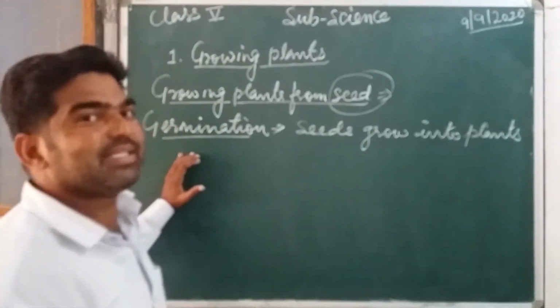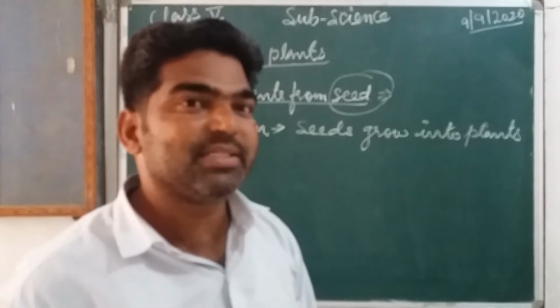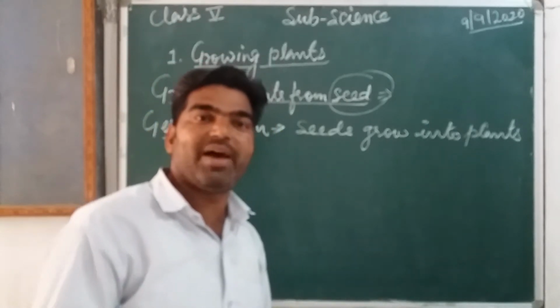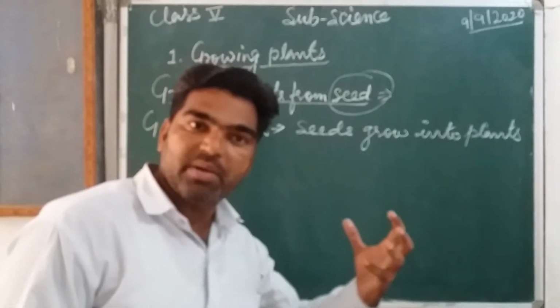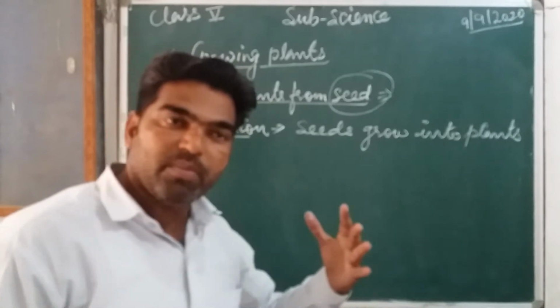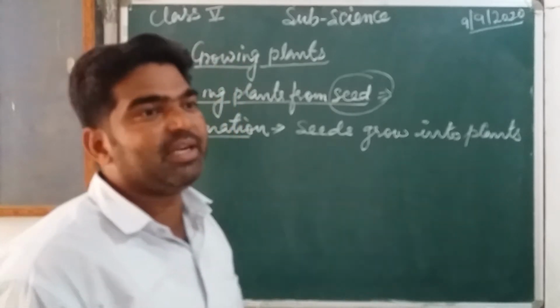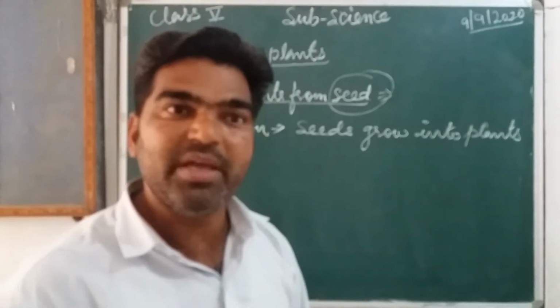And what are the necessary things for germination? Obviously, some requirements are needed for the germination of a seed. A seed needs water, air and sunlight. These 3 things are necessary for germination.